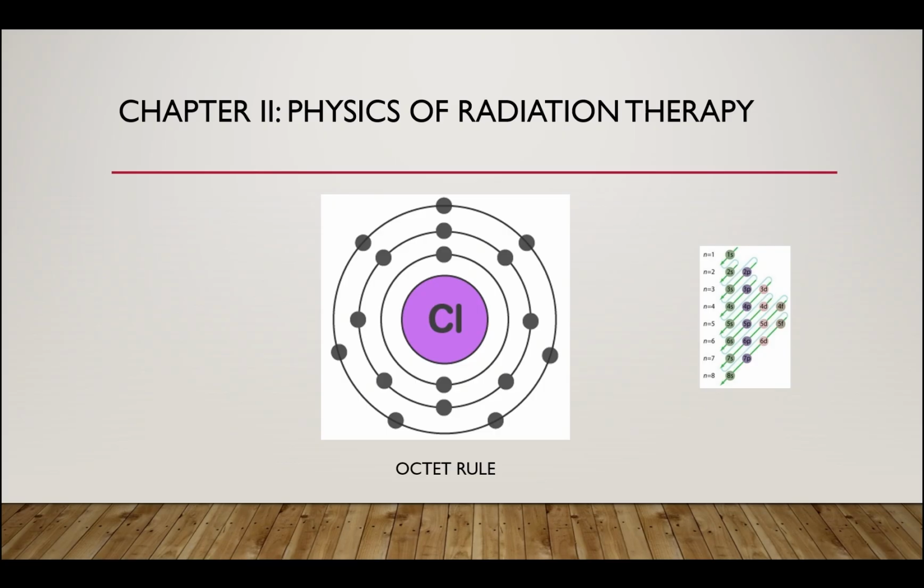Our example here has 8 electrons on its outermost shell, so we can say that this atom has a negative valence. And atoms with negative valence are classified as non-metals or insulators. Okay, they are the exact opposite of the positive valence.